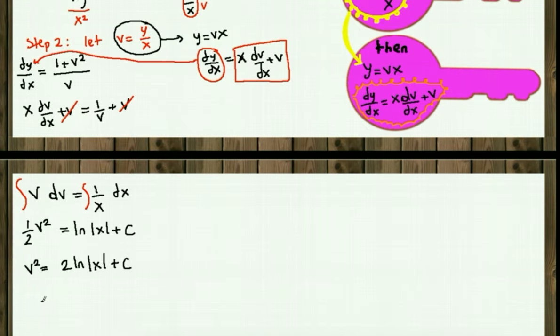And if you square root both sides, so v equals plus or minus the square root of 2 ln of x plus c. Actually, we need to bring v back.